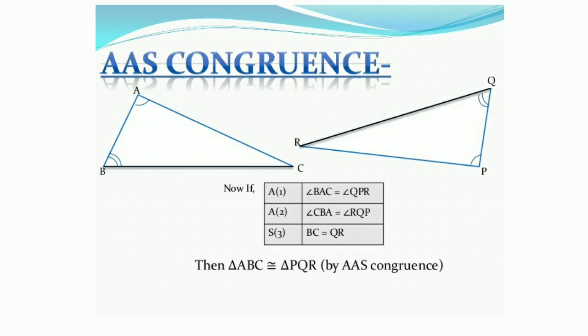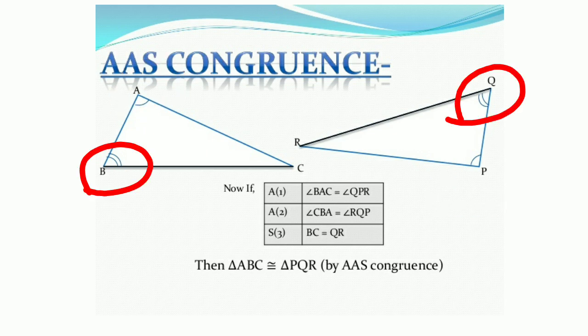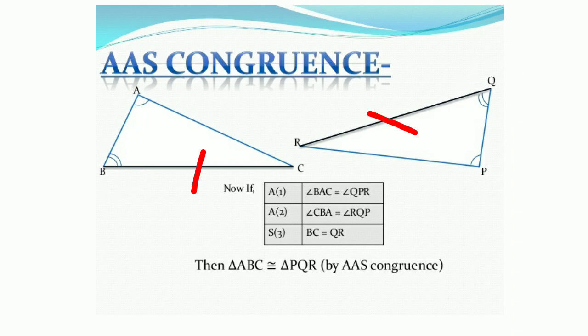See the picture. Angle A equals angle P, angle B equals angle Q, and BC equals QR. So they are equal in these two triangles. So by AAS, these two triangles ABC and PQR are congruent.